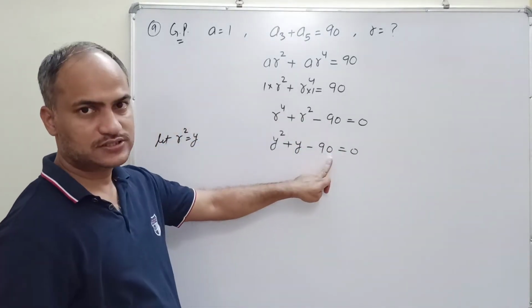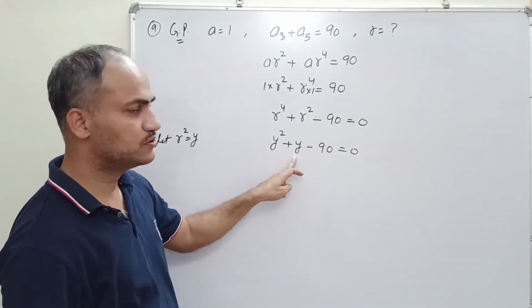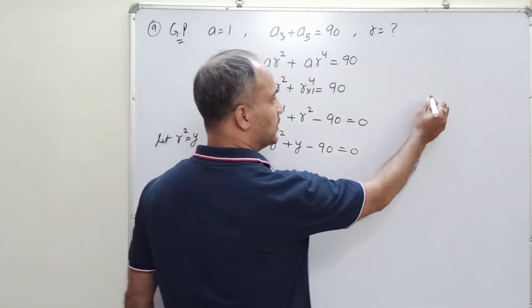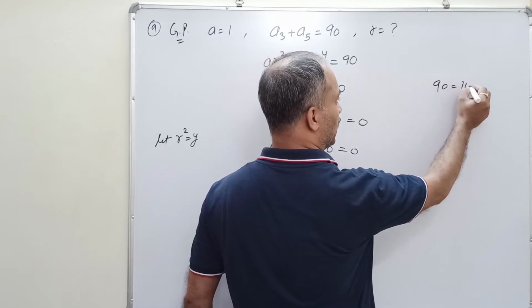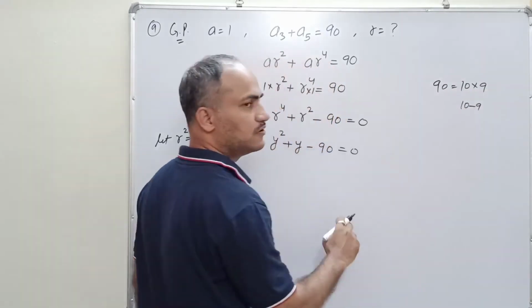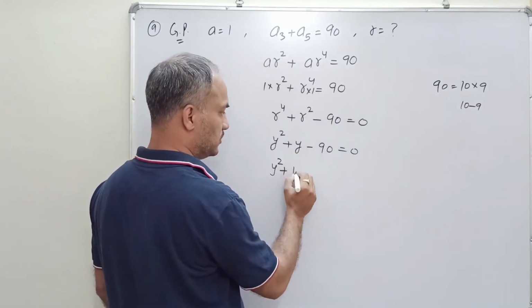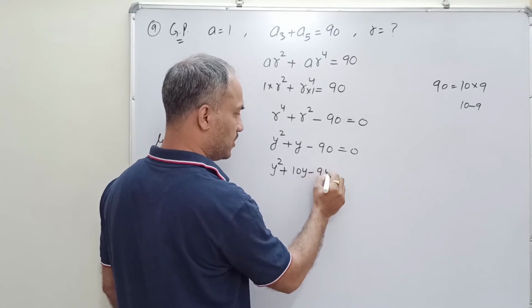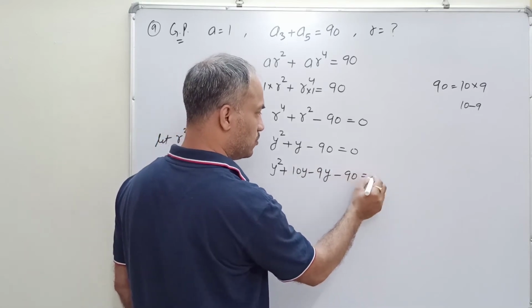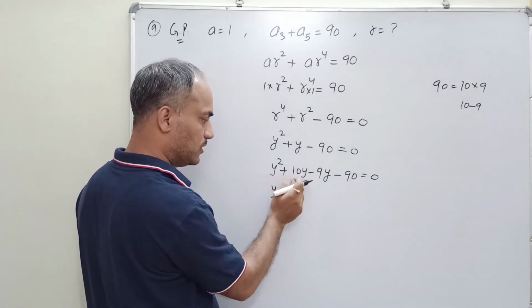Now we need to factorize 90 in such a way that the difference of the two factors becomes positive 1. So 90 is equal to 10 into 9, and 10 minus 9 becomes 1. So I write plus 10y minus 9y minus 90 equal to 0. From the first two terms we take y common, so y(y + 10). From the last two terms we take 9 common, so this becomes 9(y + 10). Clear?